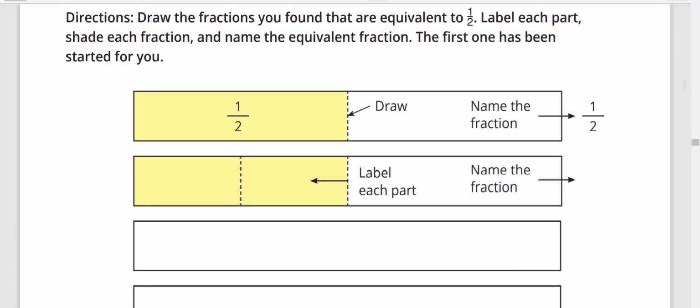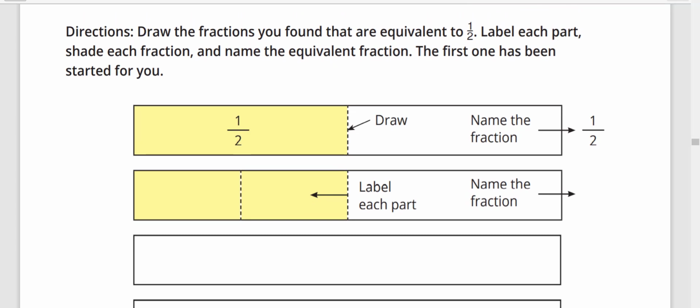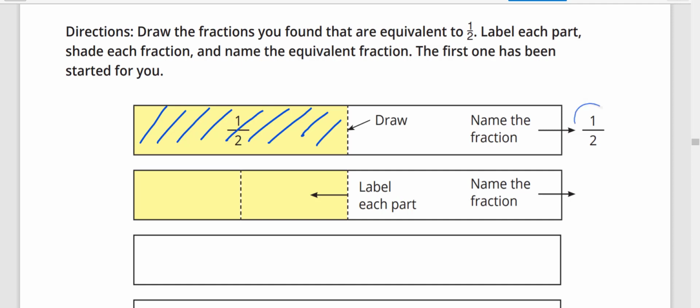The first bar is divided into two equal parts. This part is half. This part is half.